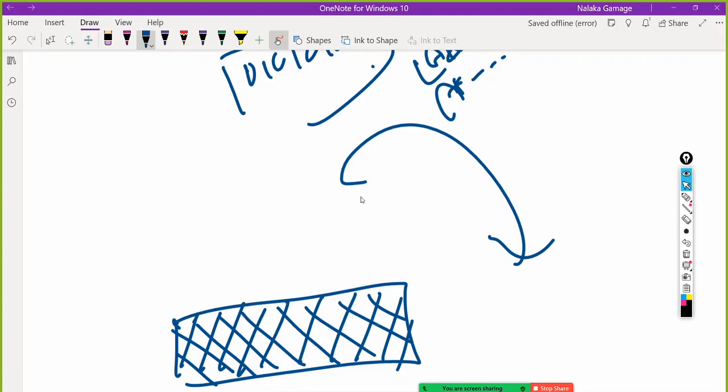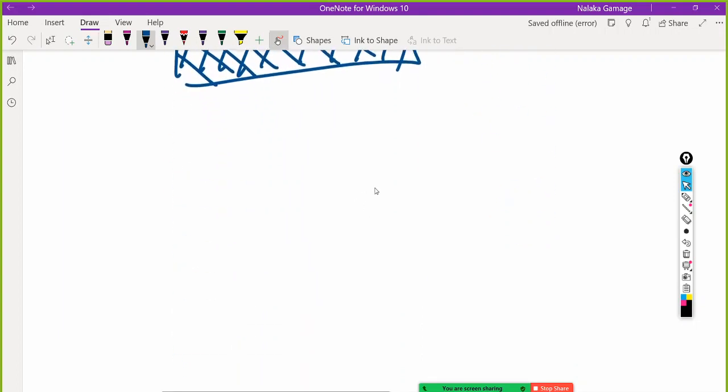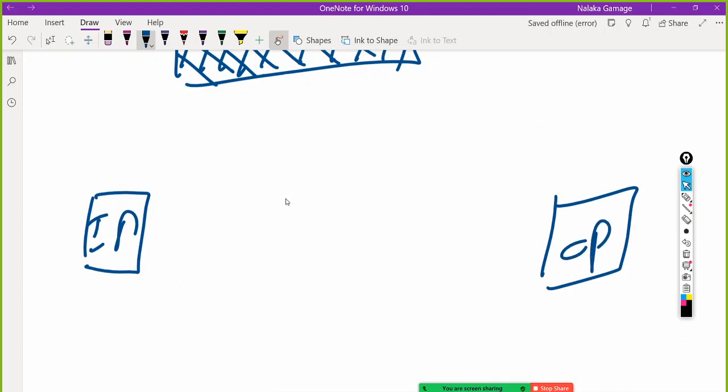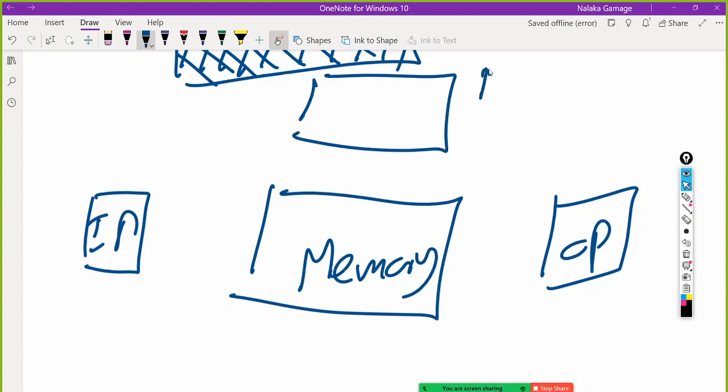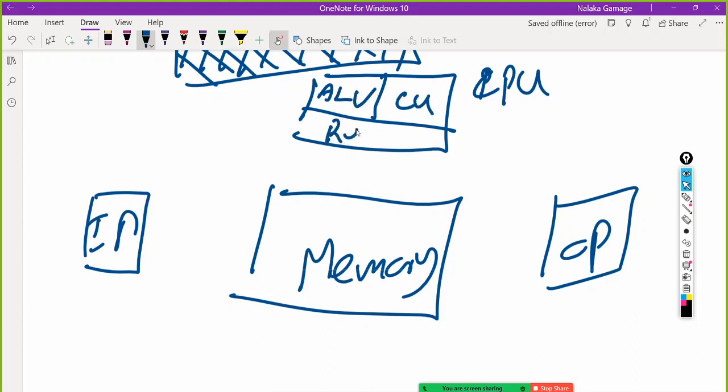Now this is how you look at the computer. You have the input devices, the output devices, and the memory, but memory is not doing any of the processing. The entire burden of processing is done by the processor, or the CPU, and you can subdivide the CPU into three: the ALU, the control unit, and the registers.